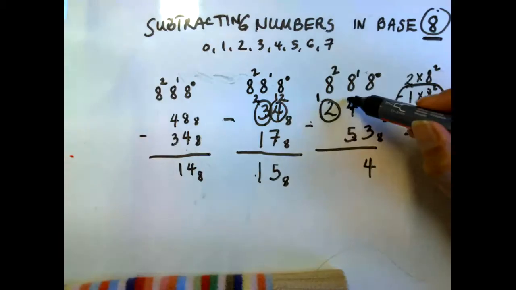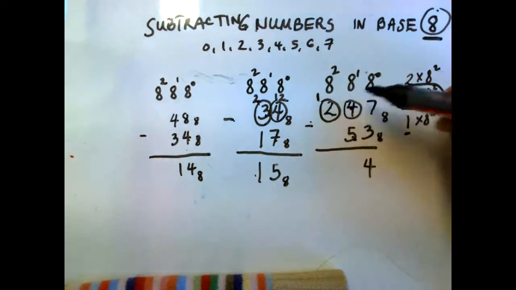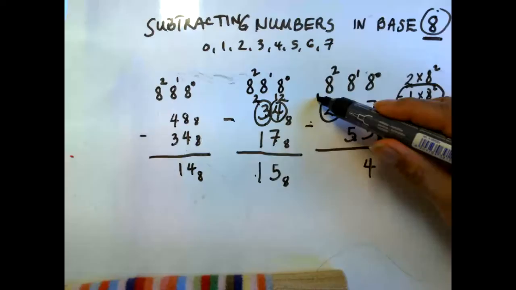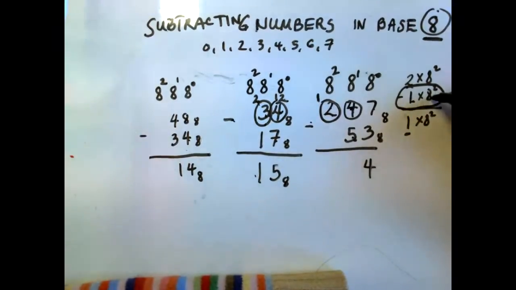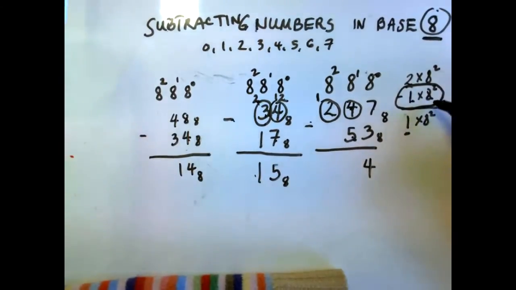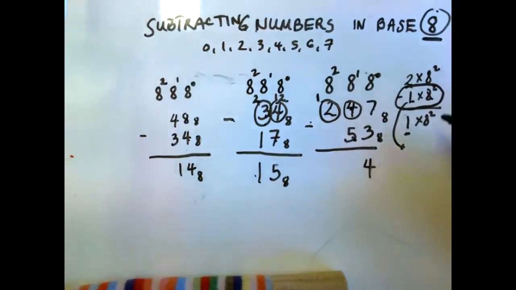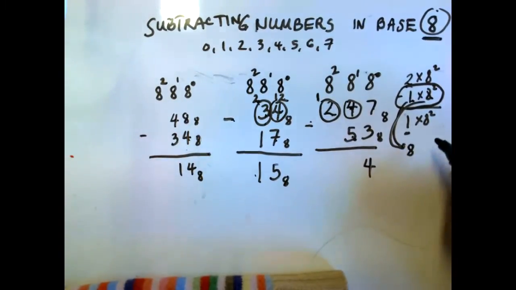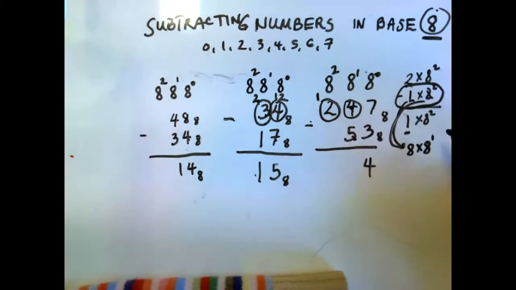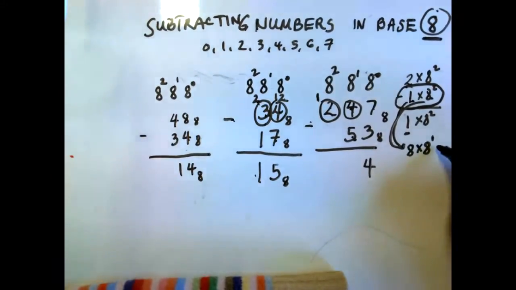So this one becomes 8 plus 4, because the one that you borrowed is a group of 8. Very important: 8 groups of 8 is the same as 8 squared, but this is what we're dealing in.